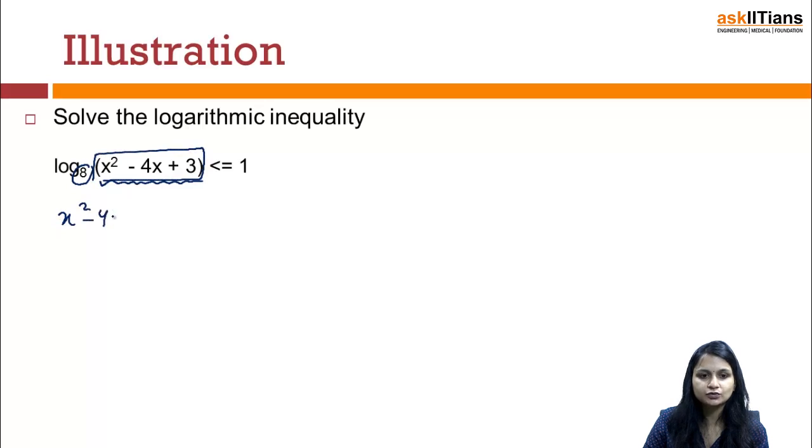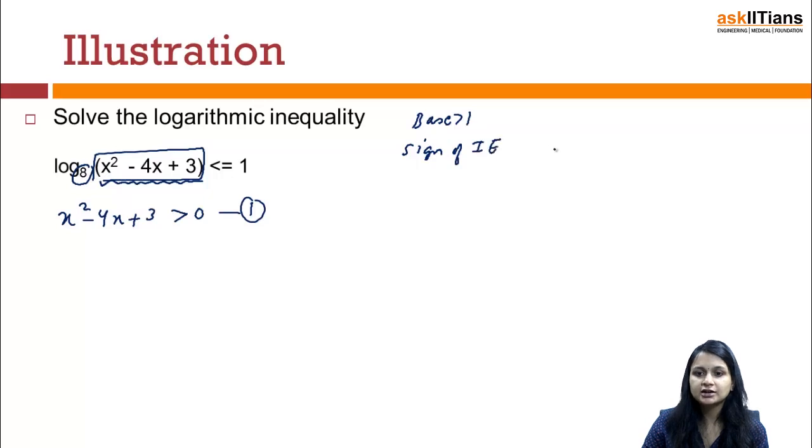So x square minus 4x plus 3 should be greater than 0. So let's solve this inequality. This is one inequality that I am going to solve. The other inequality comes from the base, because the base is already greater than 1, so I will say that the sign of inequality remains the same.